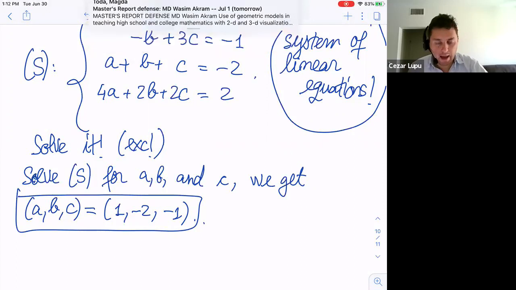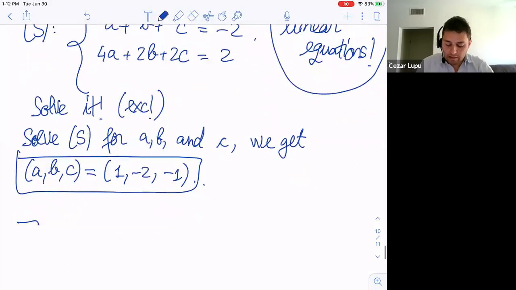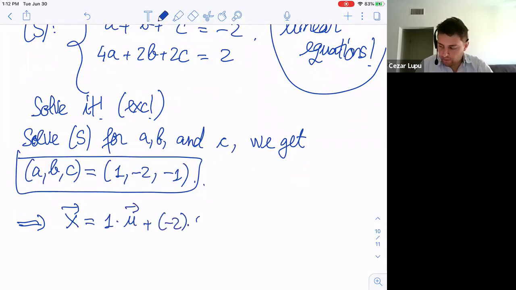And now, once I found A, B, and C, then I can definitely write my vector X as a linear combination of U, V, and W, which is 1 times U vector plus -2 times V vector plus -1 times W vector.